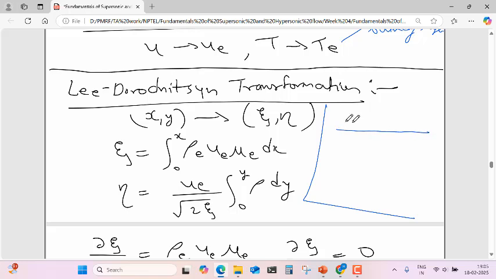Generally, what happens? This is the boundary layer. Then at each location, the velocity profile will be different.